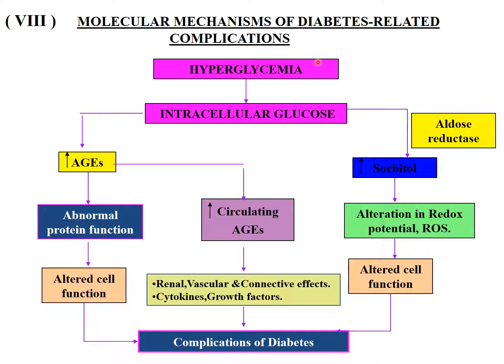So the reason why diabetes causes a lot of complications is because of the availability of advanced glycated end products and abnormal glucose molecules, or the production of sorbitol. So these are the two main culprits responsible for complicating diabetes.